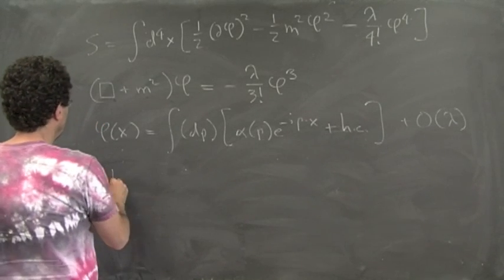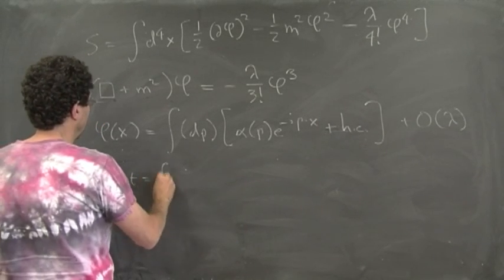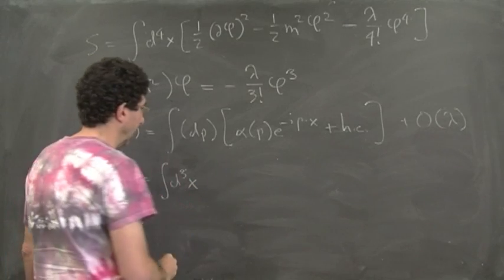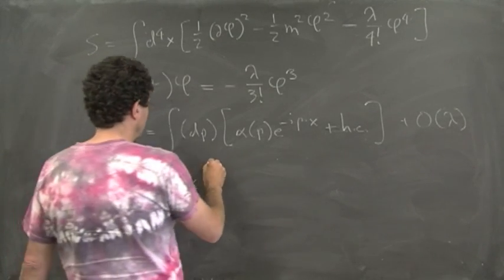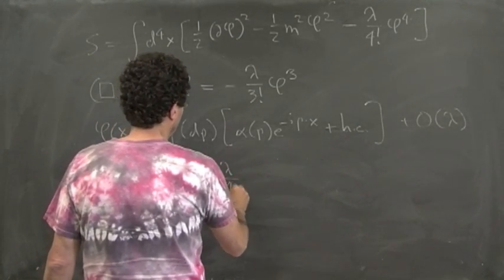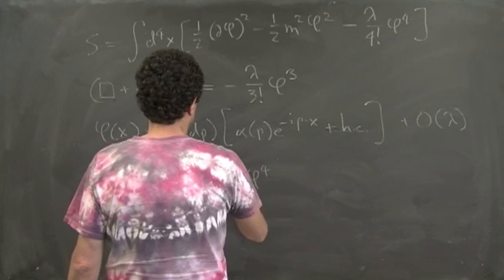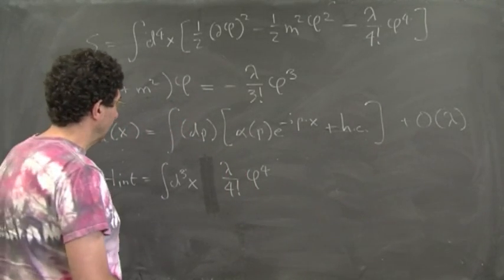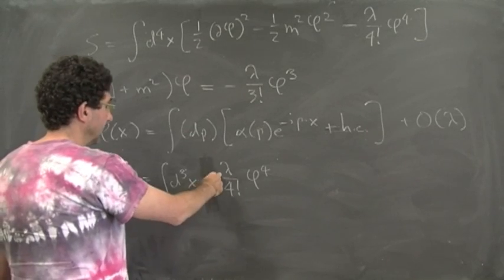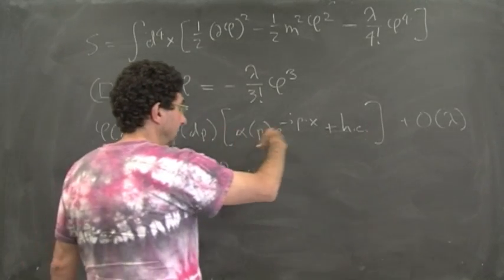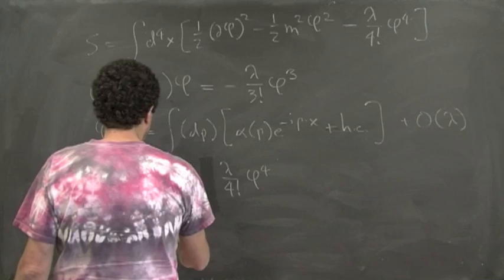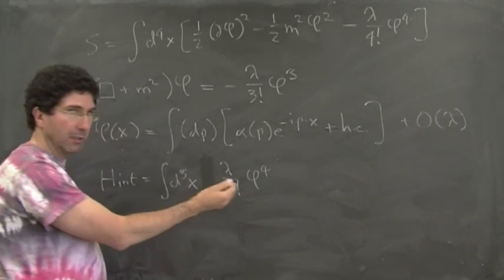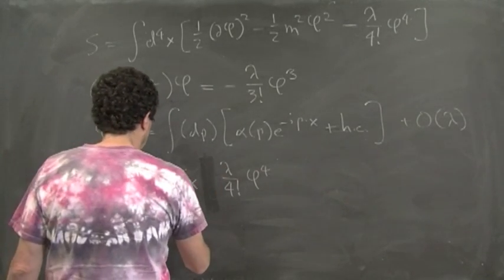Now if we look at the interaction Hamiltonian for this, it is the integral d cubed x times lambda over 4 factorial phi to the 4th. If we plug in this expansion, where phi is a free field plus higher orders, then, dropping a lot of factors, we get a power of lambda here.